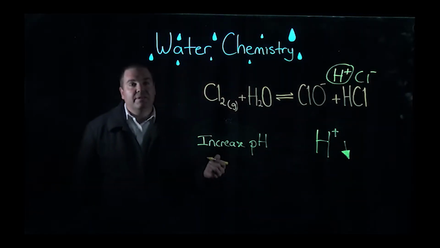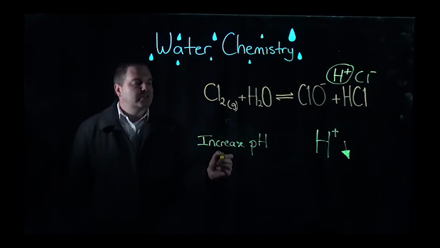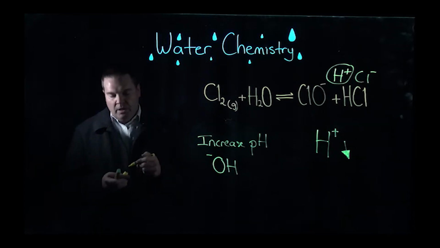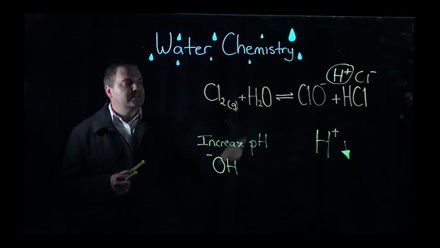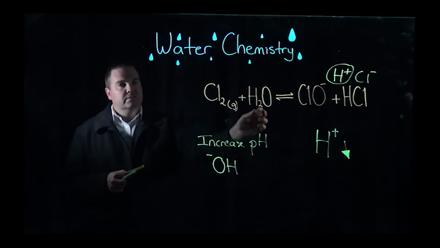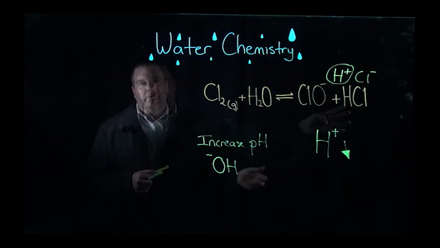Now the reason that H+ ion concentration decreases is because if you're increasing the pH, you're introducing hydroxide ions, OH minus. Those hydroxide ions will react with the H+ ions and decrease the concentration. It's also going to form water. So we're going to increase our H2O concentration, decrease our H+ concentration.